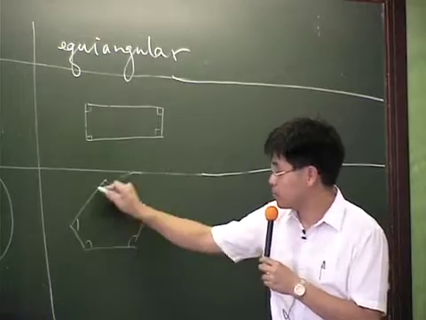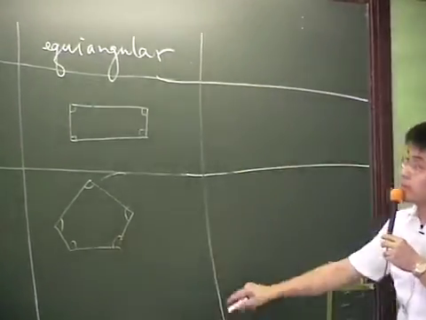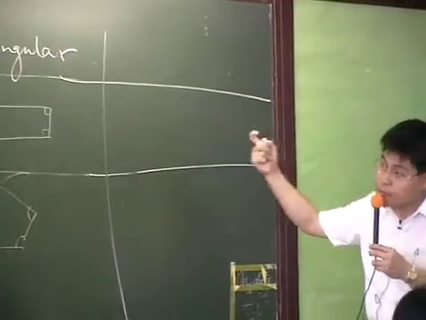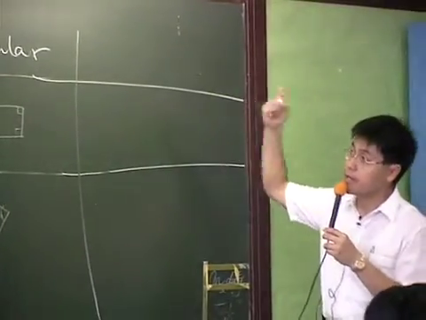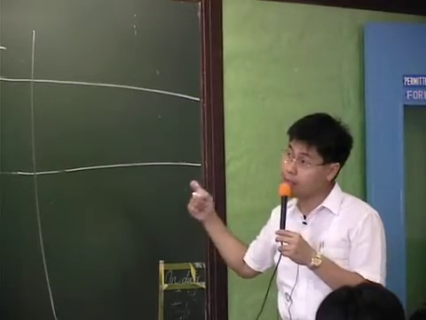Okay, I want you to draw in this column. Can you help me to draw a four-sided polygon that is equilateral and equiangular, and a five-sided polygon that is equiangular and also equilateral?